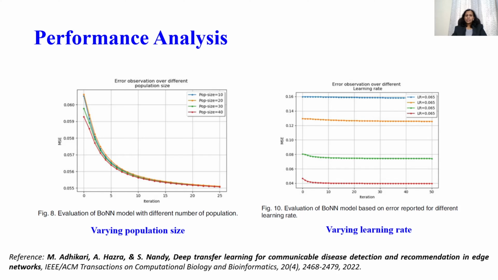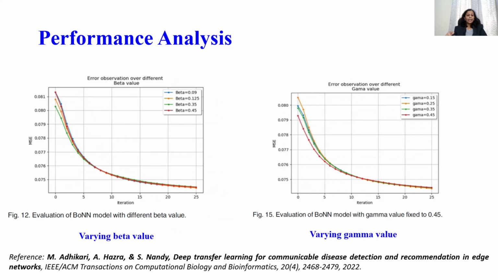Figure 10 shows the MSE values observed for different learning rates, and the learning rate of 0.065 achieves a minimum MSE value of 0.04. In figure 12, different values were selected for the beta parameter, but the performance of the proposed model increased when it is fixed to 0.125, and the MSE value was 0.0722.